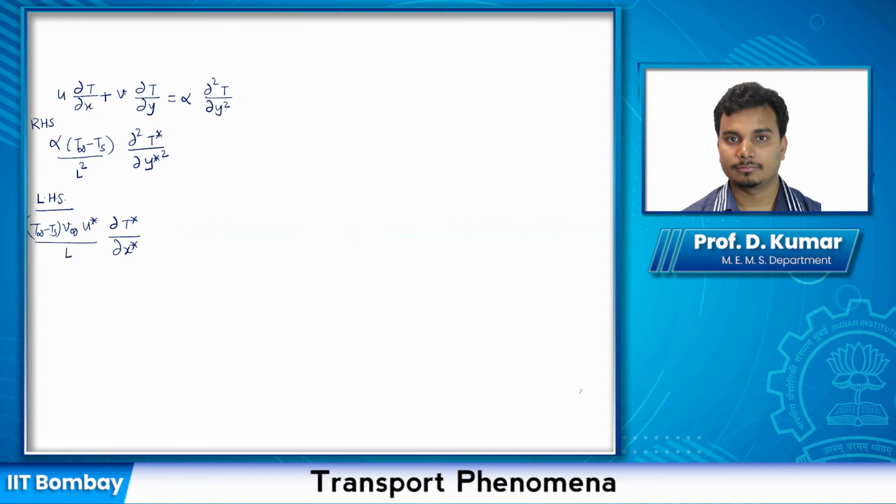So now you will see that the same thing will come when you non-dimensionalize all these three things here. So we can write this as common: T infinity minus Ts will come for this, L Y star will be this, and V infinity V star will be this. So U star has to come inside.